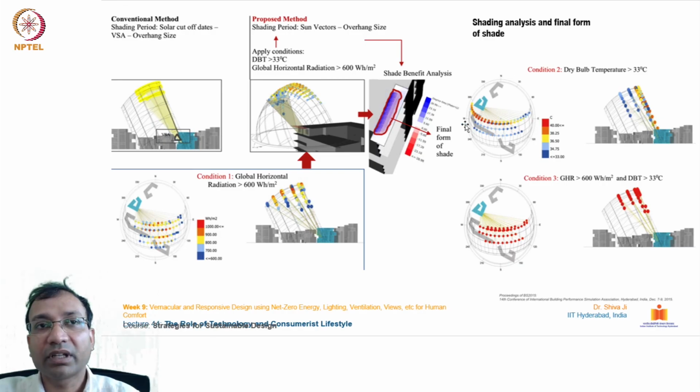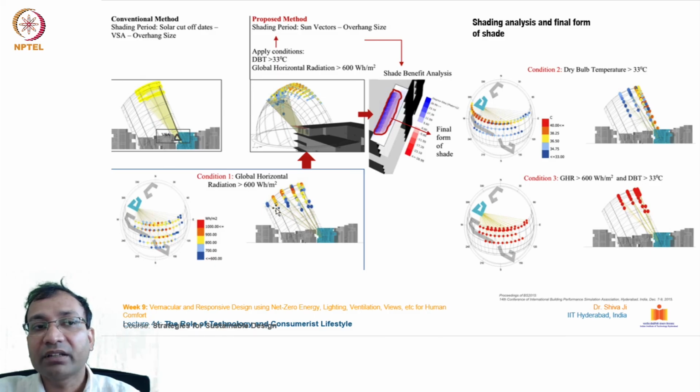This is a shot from the solar path diagram, which shows the location and the intensity of the sun at different times and different months of the year. You can see the temperature ranges from 33 degrees to 40 degrees centigrade depicted with these five different colors of the sun, and its location.